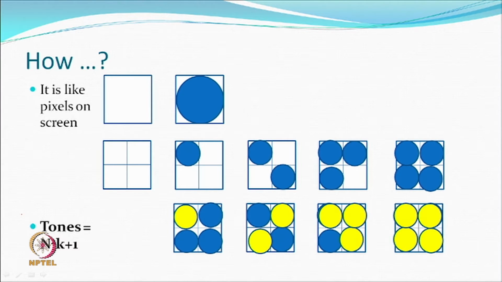A black could be black and a grey, and grey means what? Grey also means a lesser amount of black, white was already there. So, if you can create different shades with the same color because of resolution, then automatically shades keep increasing, and that is basically the principle that is used.